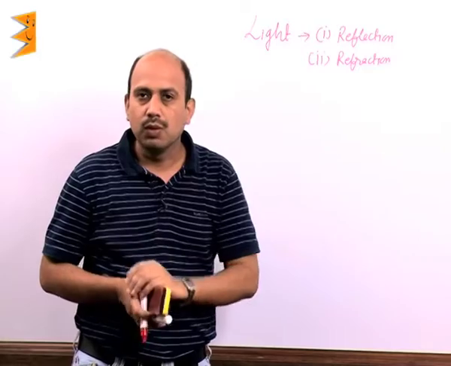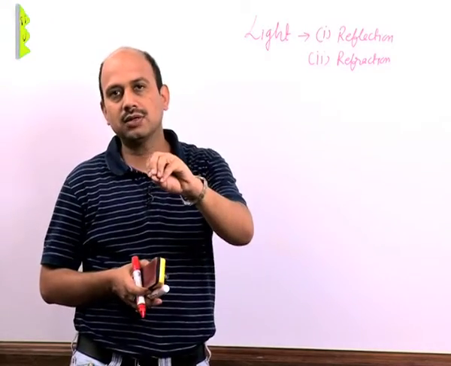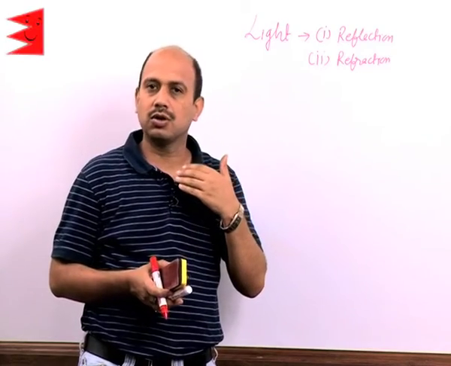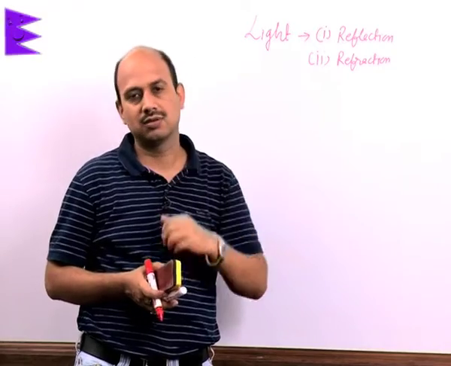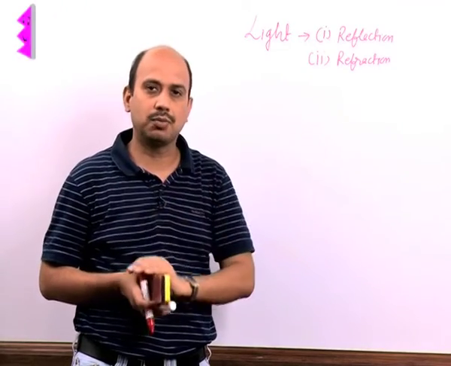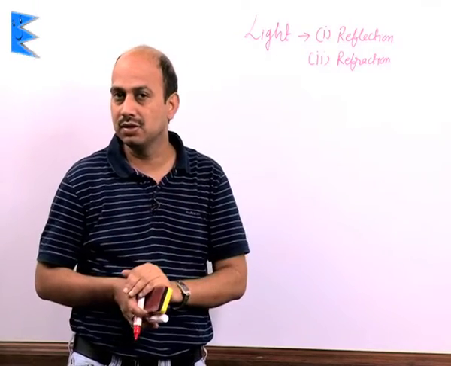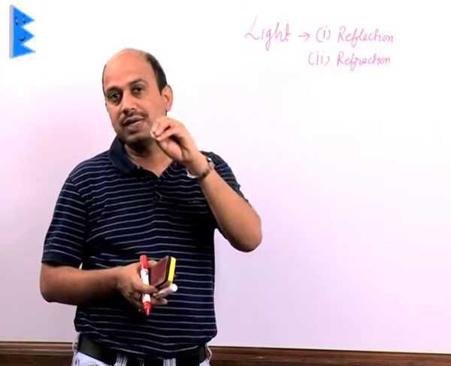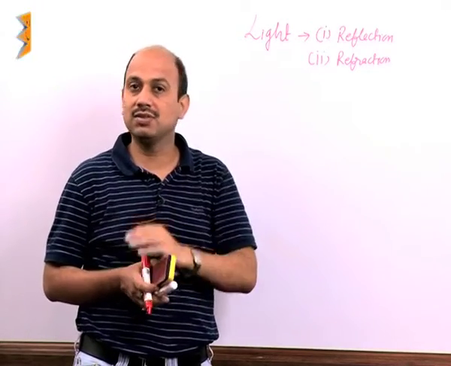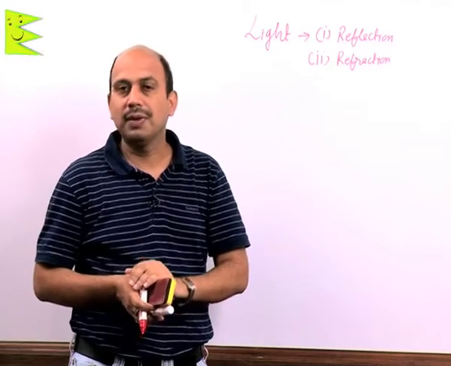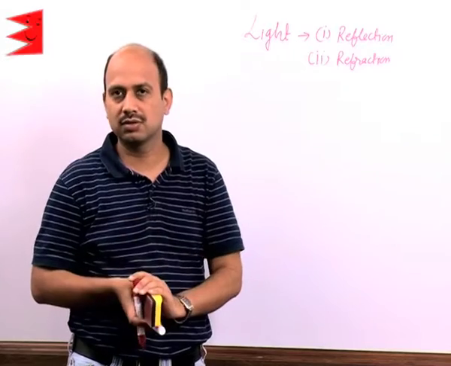When light falls on any object, it strikes the object and is reflected from it, and these reflected rays reach our eyes. Then we are able to see that object. In certain cases, if there is any transparent material, the light falls on it, and when the light is transmitted through these materials, then we see that object. So, basically objects are visible due to reflection and refraction of light.